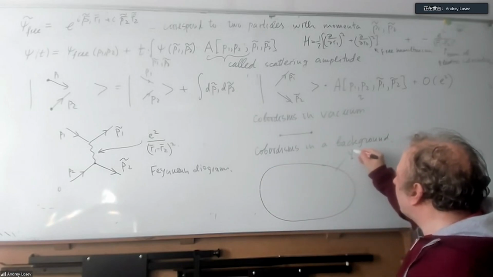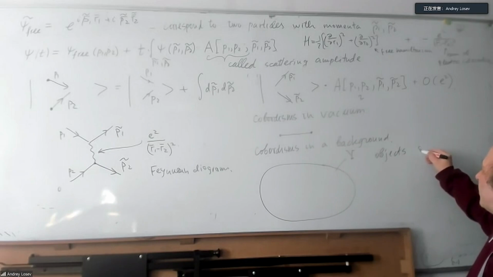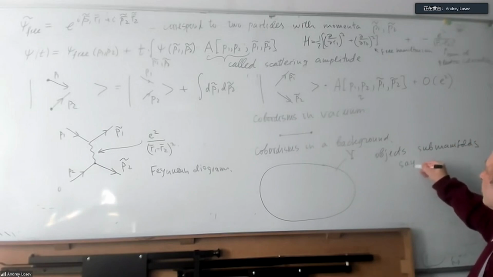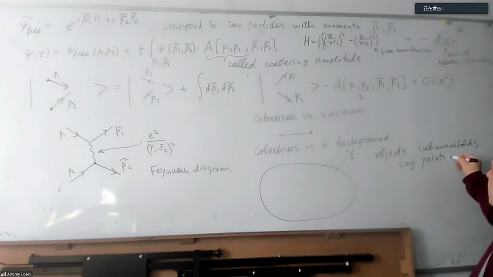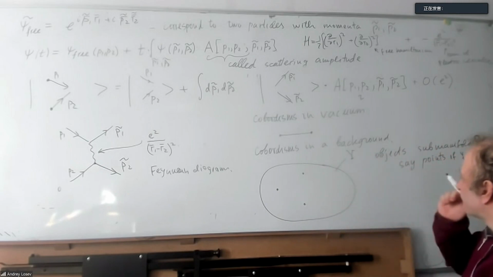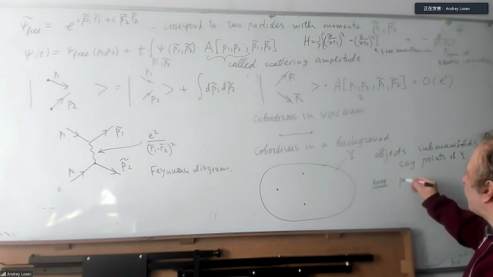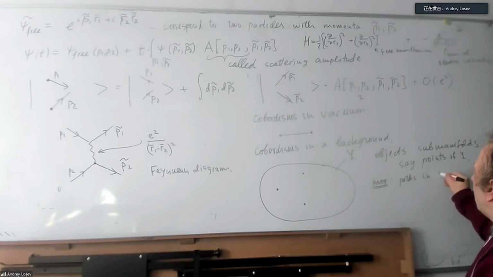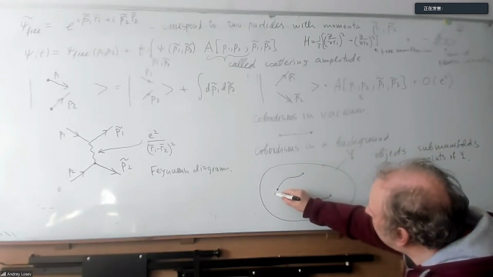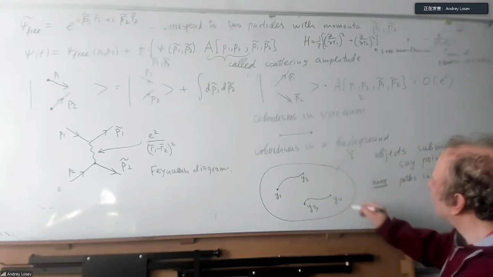Suppose you have some manifold Y. So now objects would be submanifolds, say points of Y. Morphisms would be paths in Y: Y1, Y2, Y3, Y4. Okay?